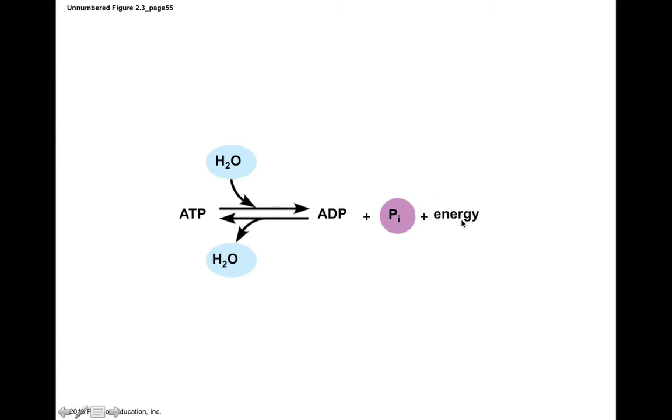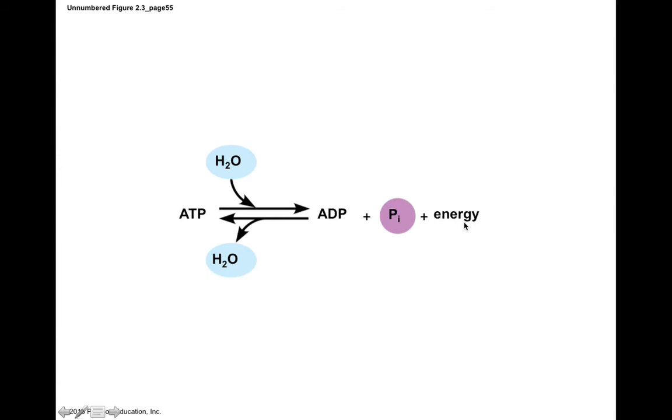A majority of this energy is lost in the form of heat, which is basically infrared radiation. However, some of the chemical energy released when these bonds are broken can be used for work, something close to about half of that energy.